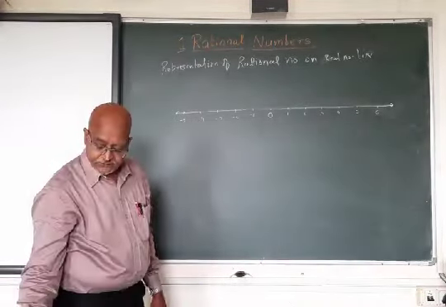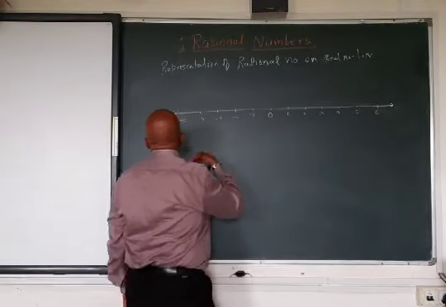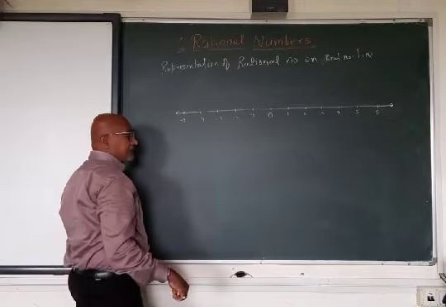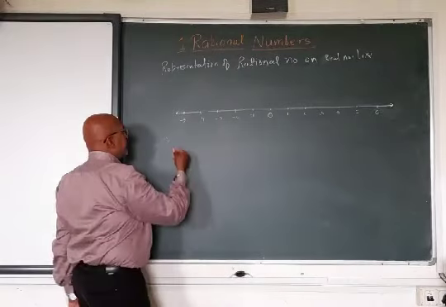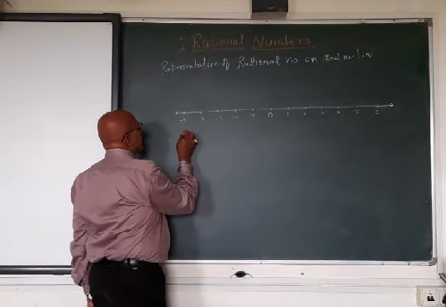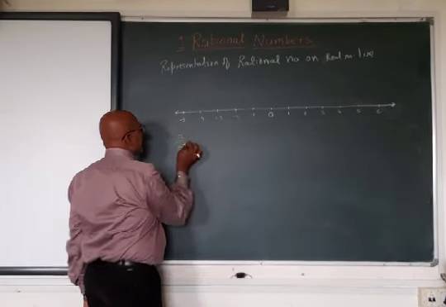Now I will show different numbers and how to represent them. So first I will take a very simple number. Let a rational number, I will write one rational number in p by q form. Say this first one is 3 by 5. I want to represent this on a number line.